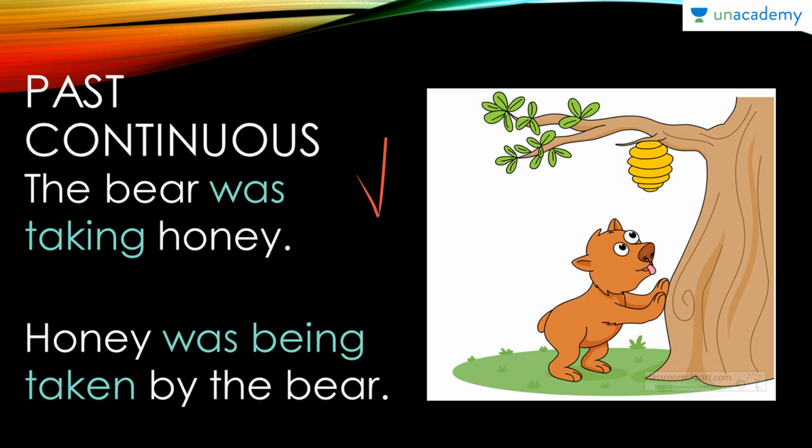In the second sentence, honey was being taken by the bear. Honey here is the subject. Bear is the object. Was being taken is your verb. Being is the extra addition to the verb in the second sentence. And this is your passive voice.